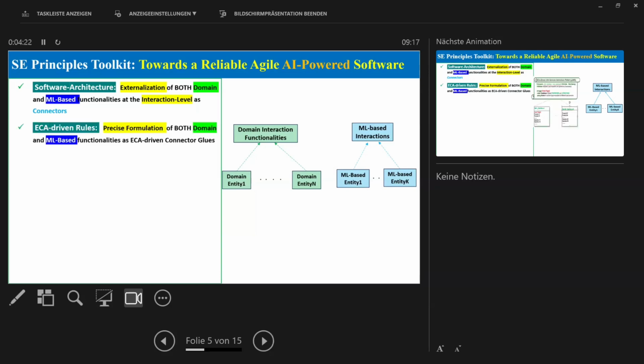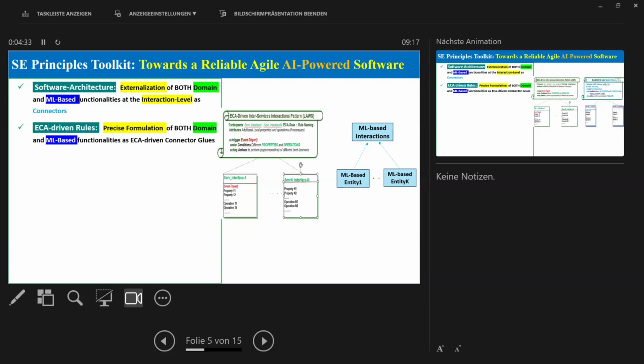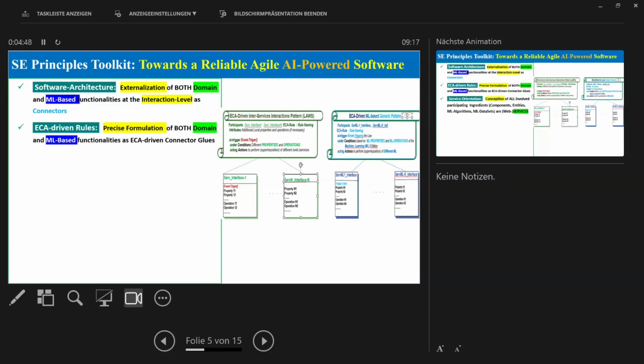We formalize this interaction in a precise way using the well-known event condition action, in which a participant's attribute triggers a condition to allow an action, and the action can be superposed on different entities.